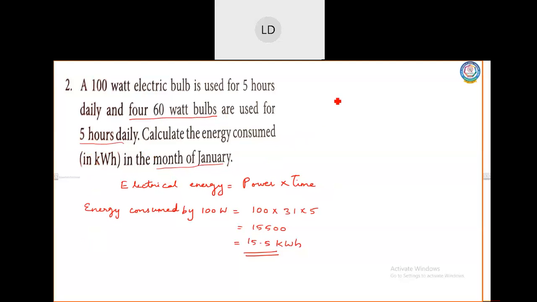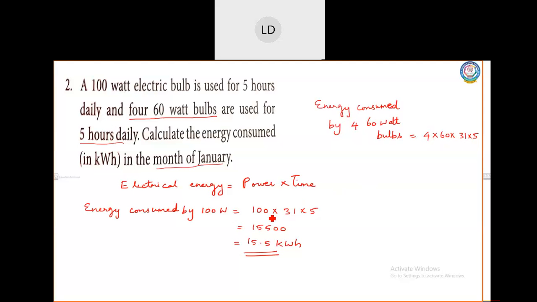So again, the energy consumed by 4 60-watt bulbs will be 4 into 60 into the time, since it is used for the month of January, 5 hours per day.